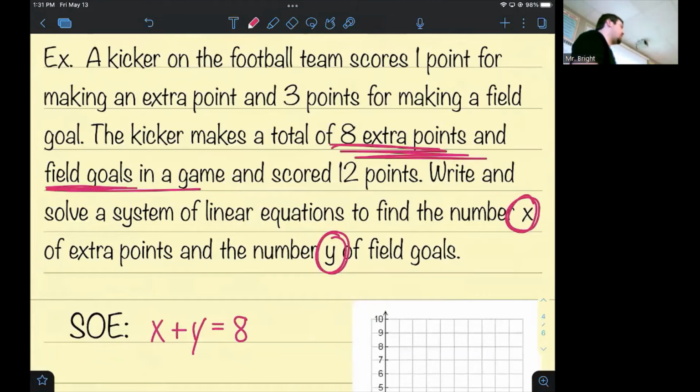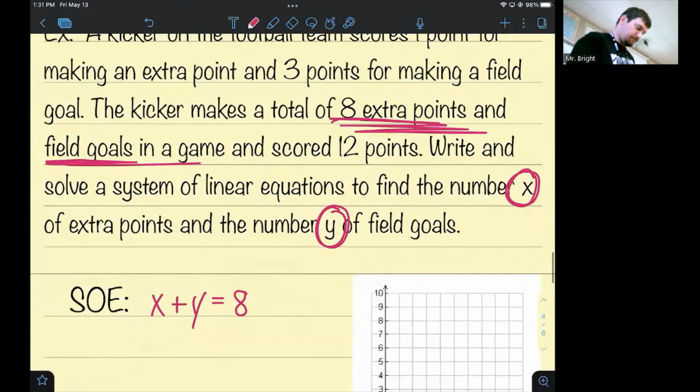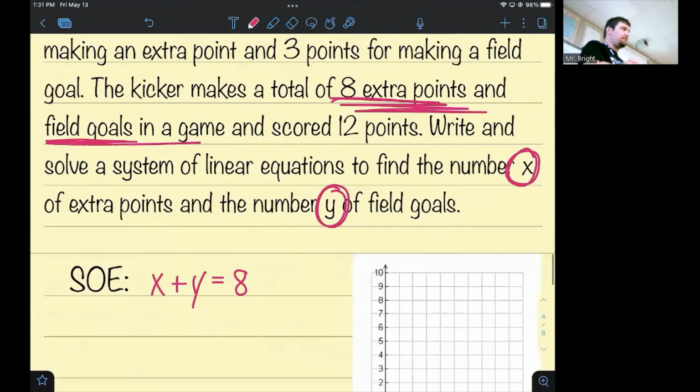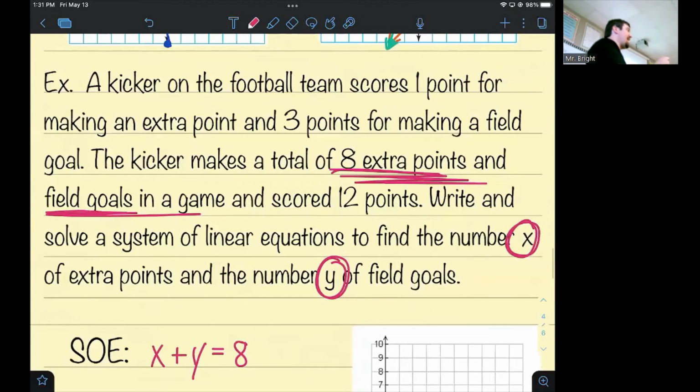Now we need a total number of points equation. Xander, you want to give that one a shot? 8 plus y equals 12. Say that again. 8 plus y equals 12. Not 8 plus y equals 12. You're assuming there was 8 extra points. It said there was 8 extra points and field goals total.